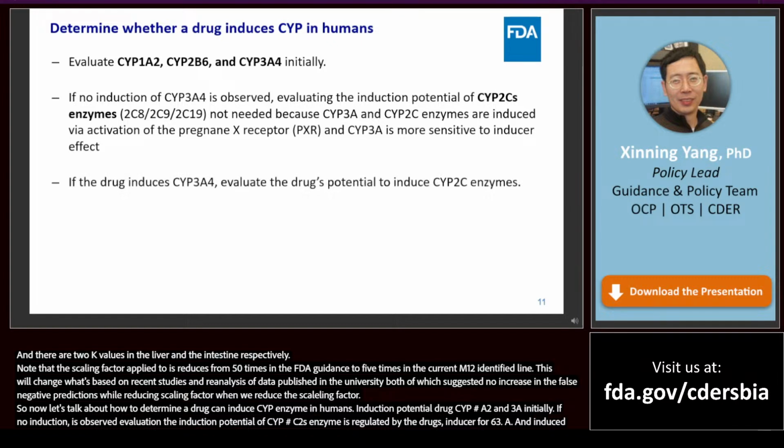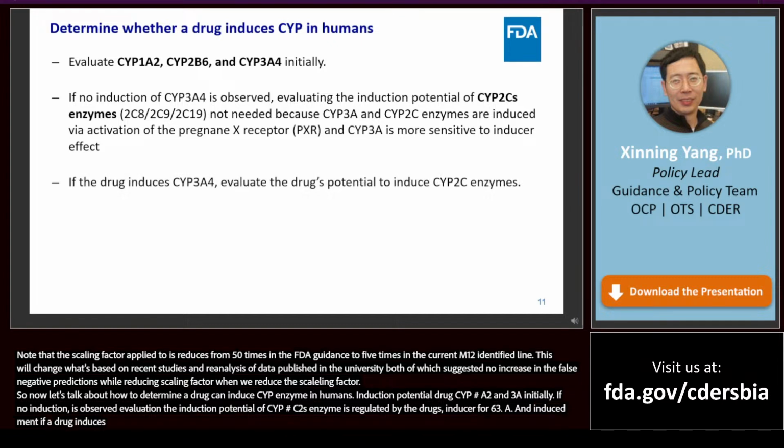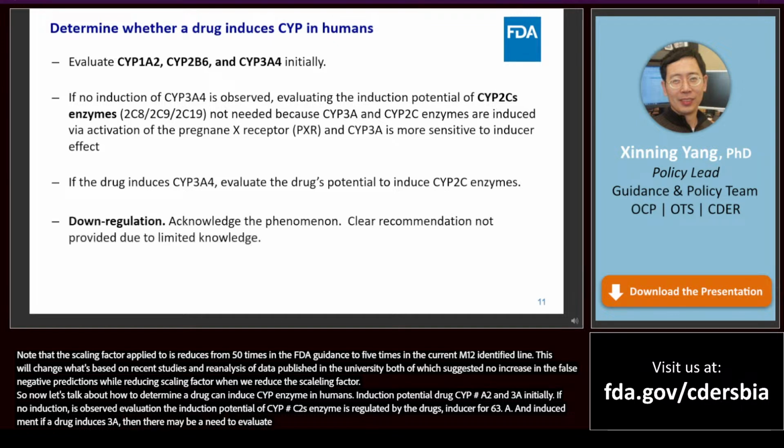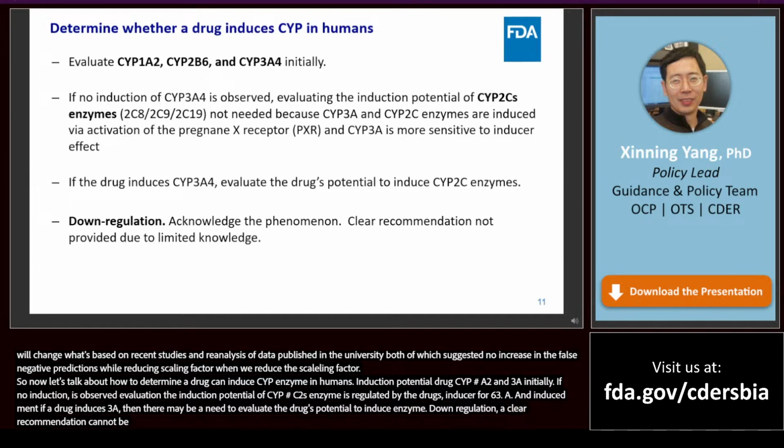If a drug induces CYP3A, then there may be a need to further evaluate the drug's potential to induce CYP2C enzymes. The guideline also mentioned the phenomenon of downregulation, but a clear recommendation cannot be provided due to very limited data.